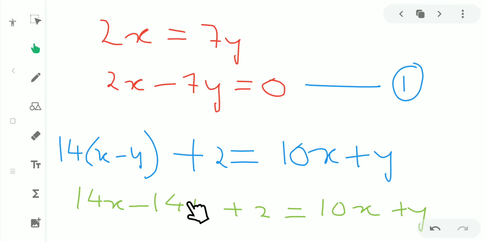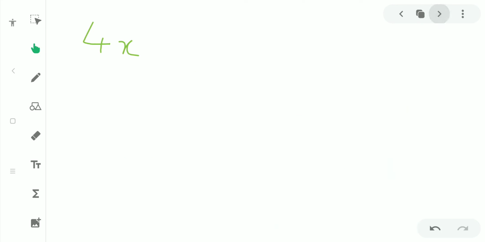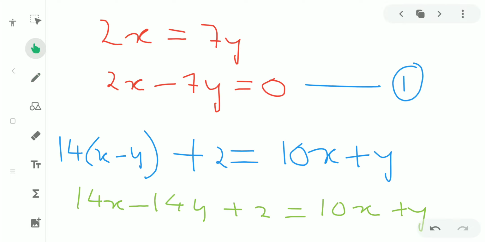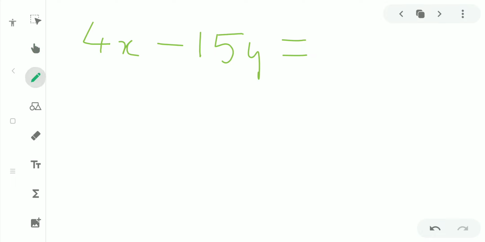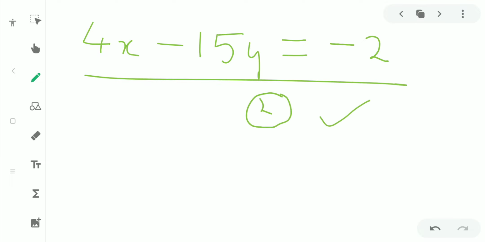But if I transpose it to RHS, it will become plus 15y. So I will do it minus 15y only, which is equal to, I am transposing the 2 onto RHS, it will become minus 2. So let us keep this as equation 2.